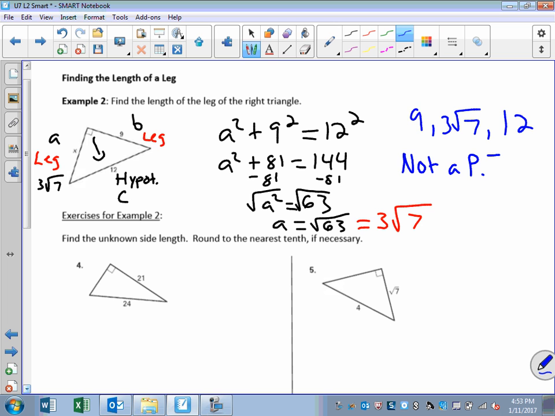I'm just going to say PT for Pythagorean triple. So we got 2 whole numbers, but this right here makes it not a Pythagorean triple because that would be a decimal.